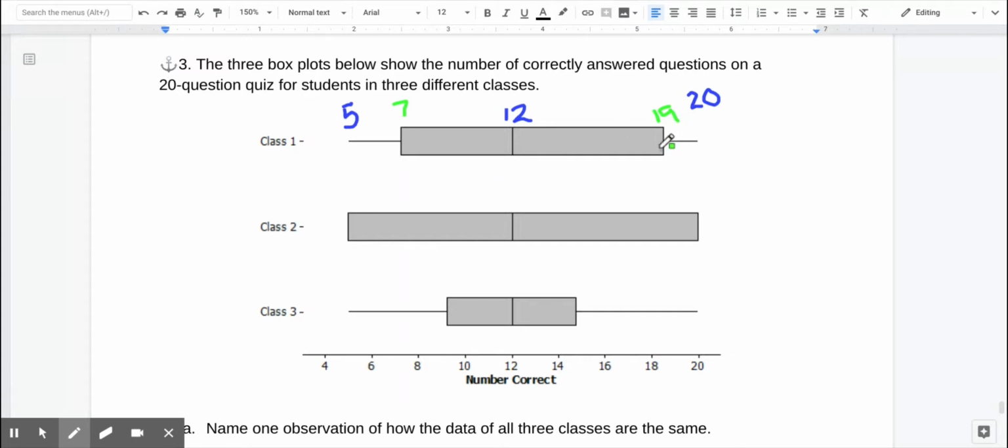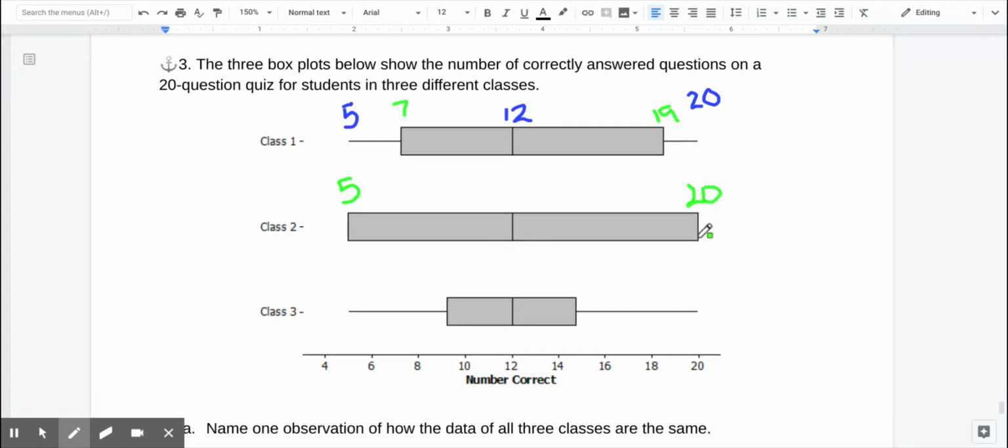So the middle portion of this data was between 7 and 19, but in class 2, even though the median is still 12, the middle 50% of the data is all of it. That's kind of odd.